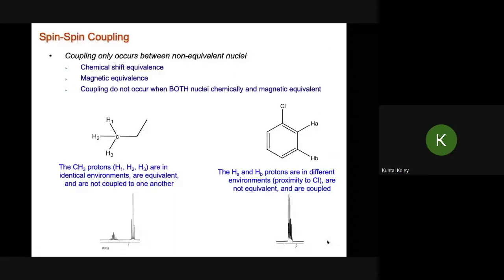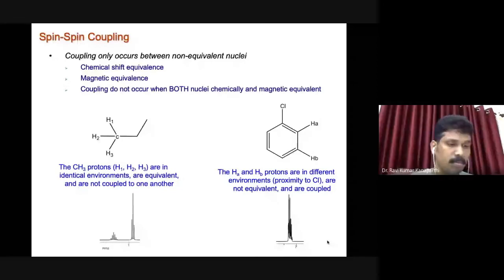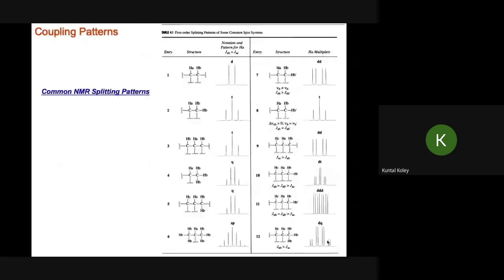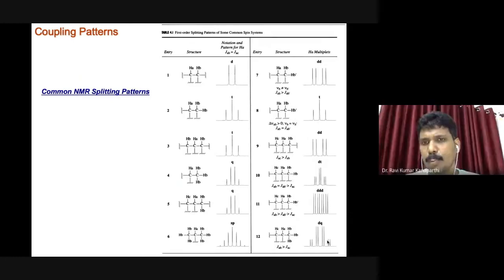Okay, sir, in molecule number 7, why is one designated as HB and another as HB dash? Are they different? Yes, it is possible. There are certain molecules where this depends upon this linkage.